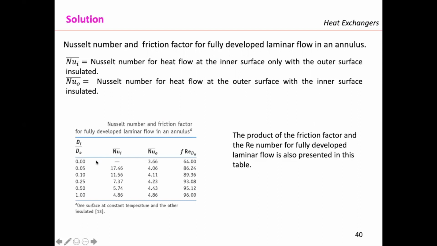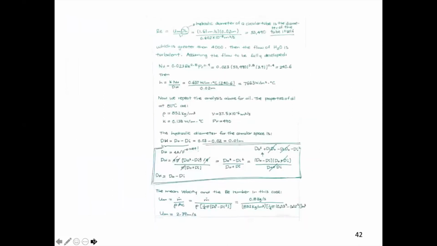In order to read this table, we need the ratio of the inner and outer diameter. The inner divided by the outer diameter is 0.02 divided by 0.03, which is 0.667.